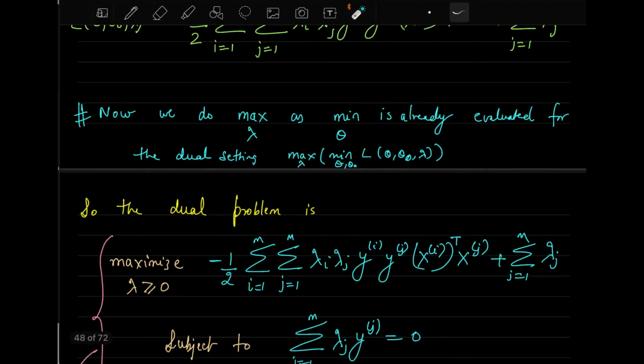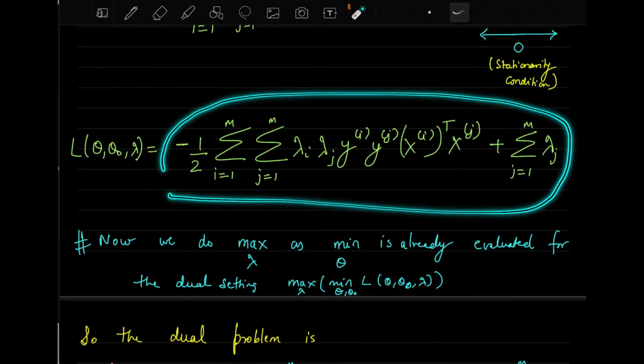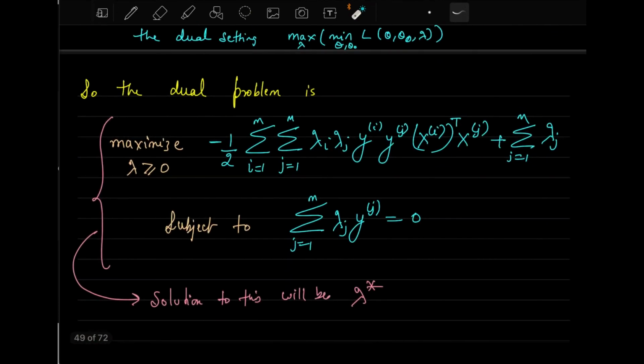If you want to calculate the maximum of this, then it is equivalent to this particular dual problem. This is the dual problem that you have to solve, where you maximize over lambda, which is given over here, subject to this constraint.